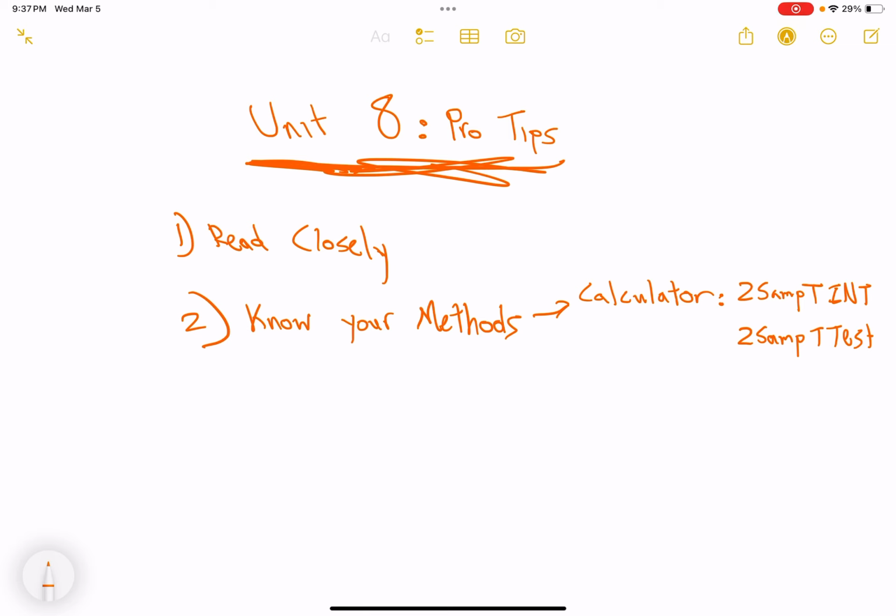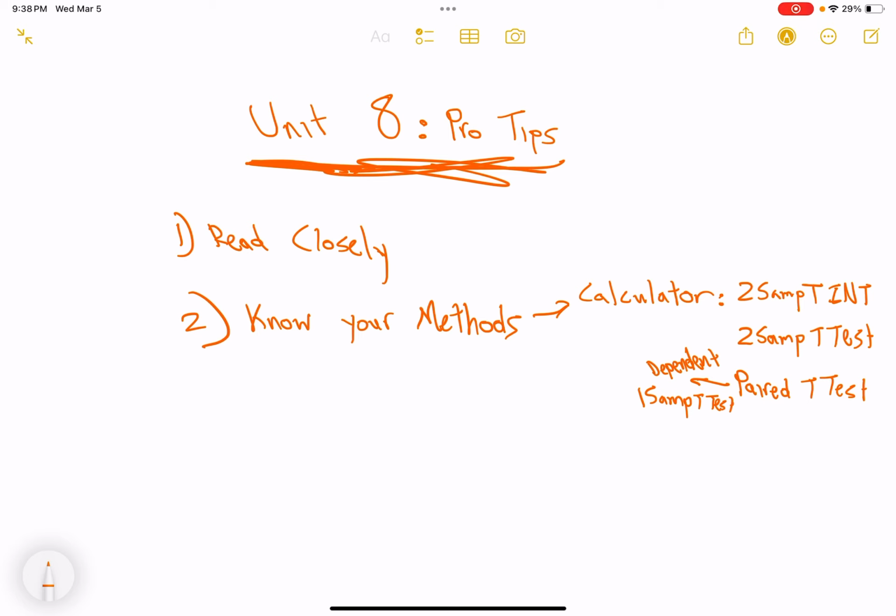You will likely see a paired t-test. So remember that a paired t-test is always dependent, and I'll go on in more detail on that in a moment, but that it runs like a 1samp t-test. So keep that in mind.